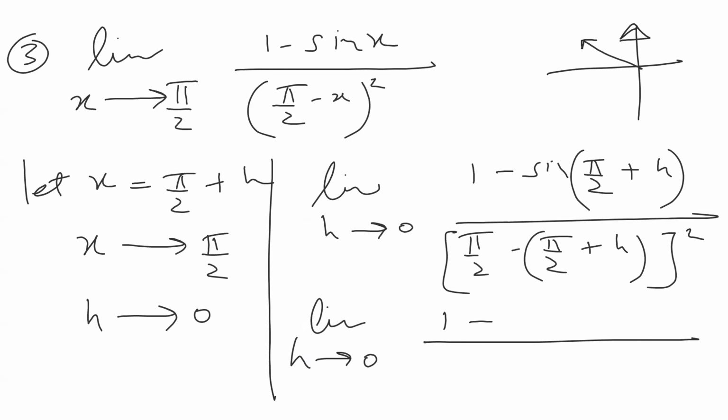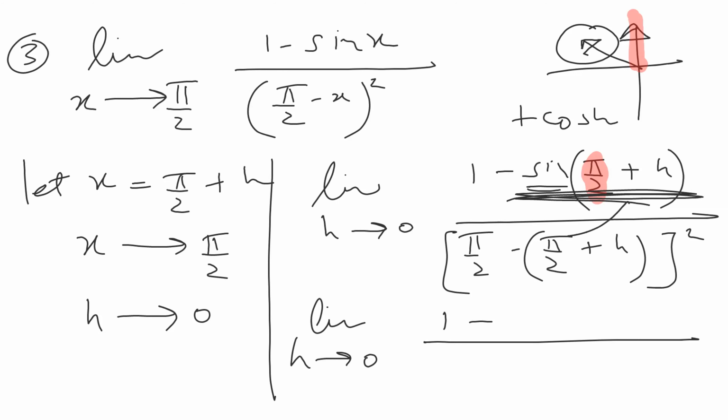In this quadrant, the sign is positive, and we are on the y-axis this time. Pi by 2 is 90, so on the y-axis sine changes to cos, and we are left with cos h. So the value of this entire thing is plus cos h, so 1 minus cos h.